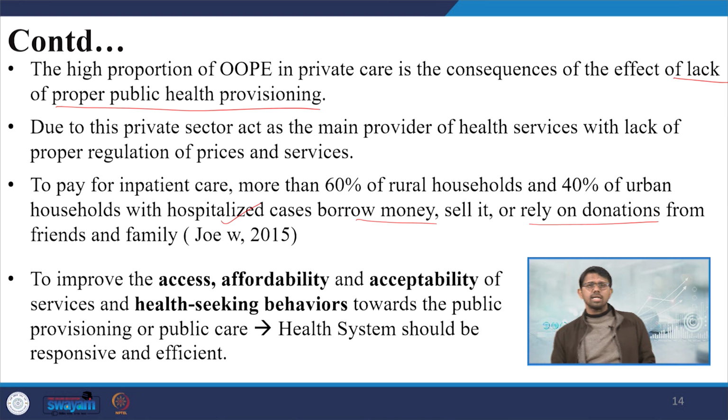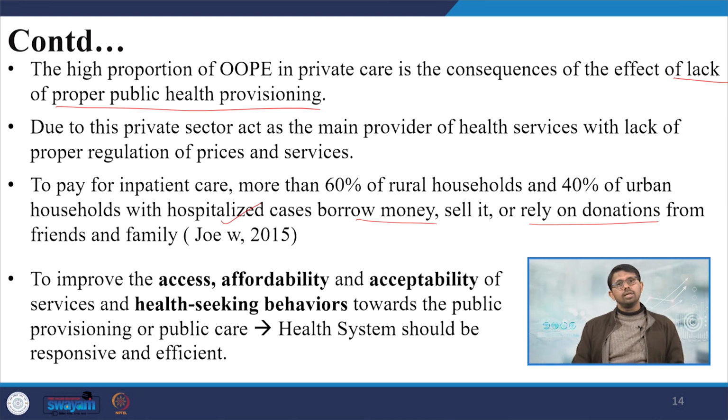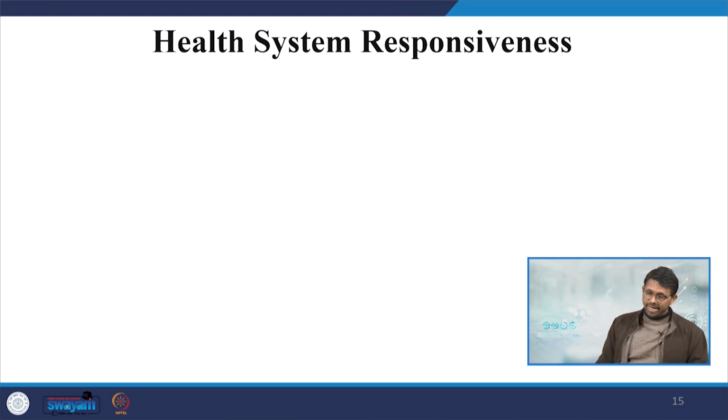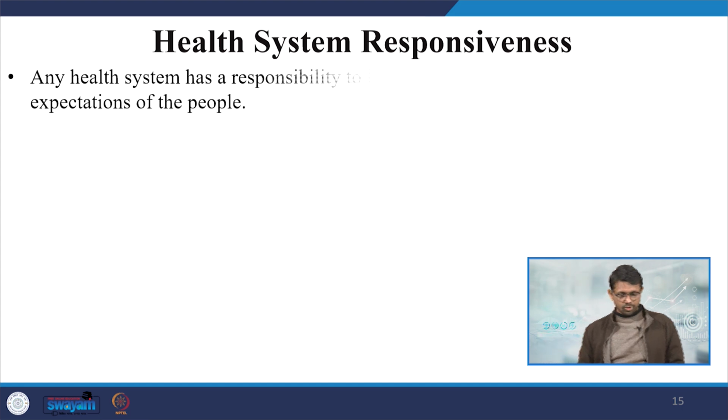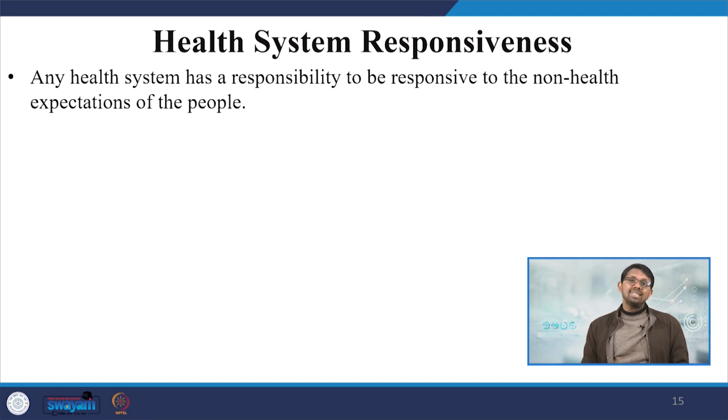To improve the access, affordability and accessibility of services and health-seeking behavior towards public provisioning, health systems should be accountable, highly responsive and efficient enough. Hence, it directs us to the understanding of HSR, health system responsiveness. What is this all about?